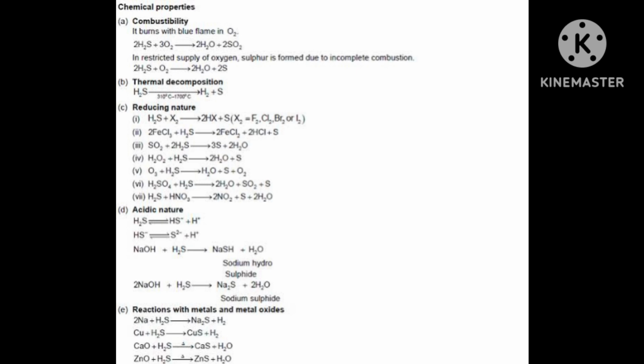Sulfur hexafluoride, SF6, is exceptionally stable, very stable, due to steric reasons. Because there are 6 fluoride ions, sulfur will be in the middle and fluorine will be everywhere around it.